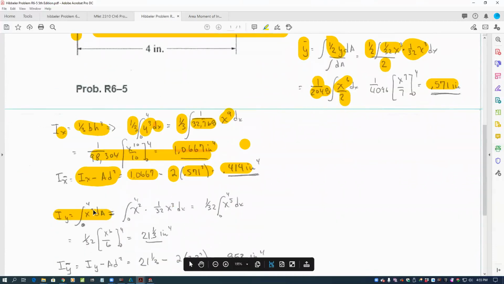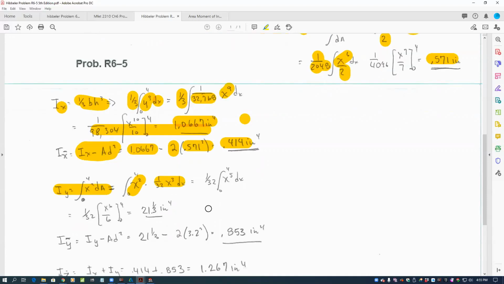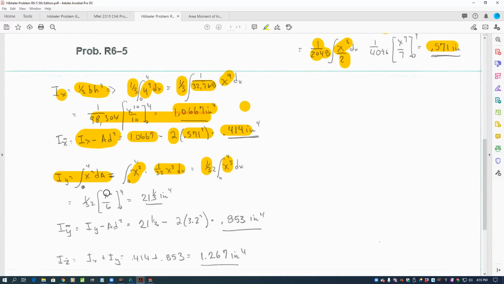But again, we have x squared dA, x squared, and then dA is y dx, and y in terms of x is 1/32 x cubed dx. Combining those terms, we have 1/32 outside our integral sign. x squared times x cubed becomes x to the 5th. Integrating that becomes x to the 6th over 6. From 4 to 0 becomes 21 1/3.